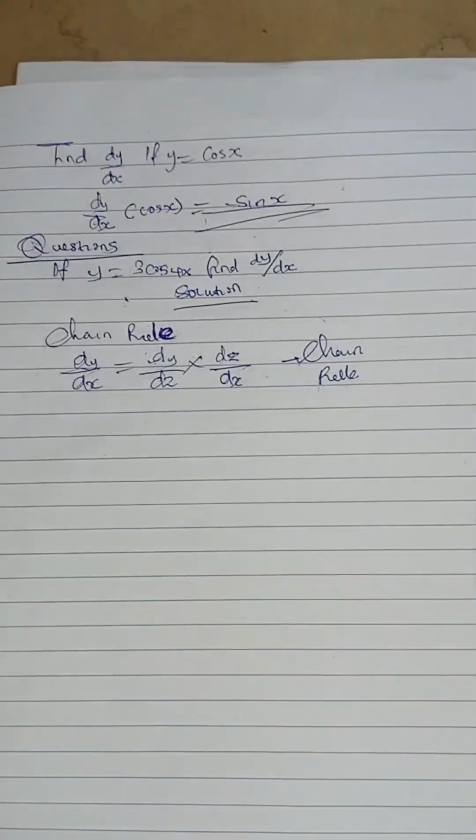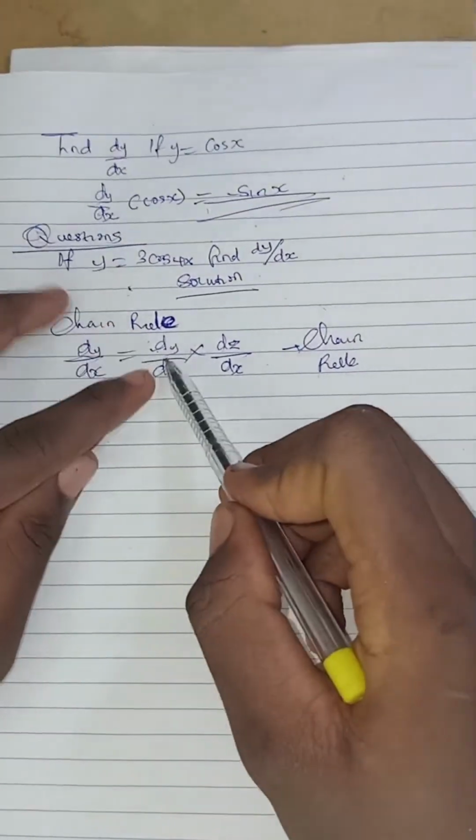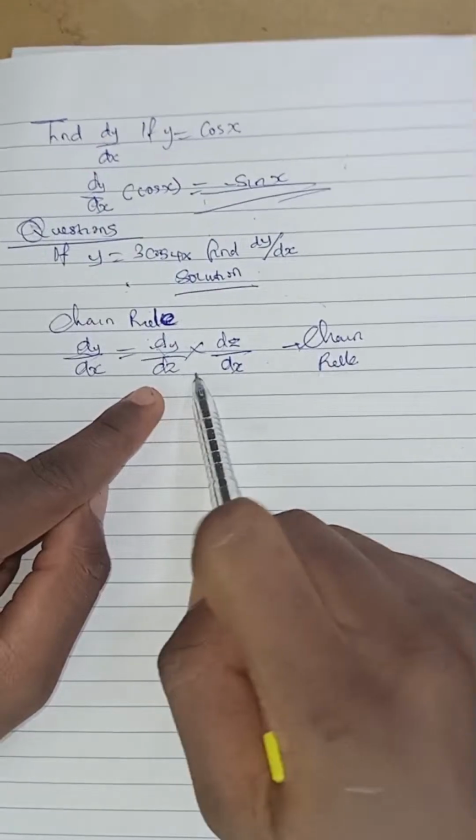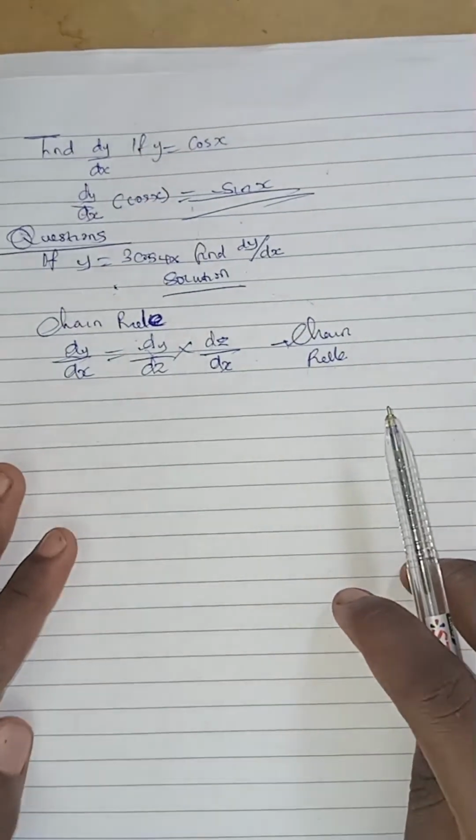Now the chain rule states that dy over dx of the function is equal to dy over dz times dz divided by dx.